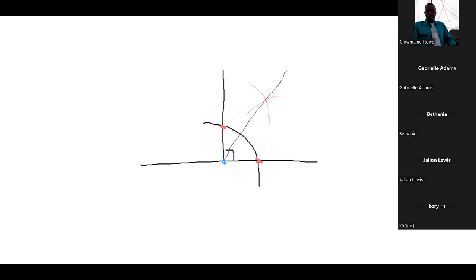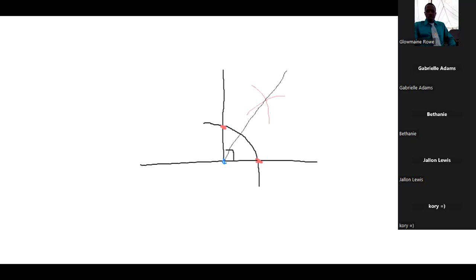So the idea is to be able to look at a diagram of an angle being bisected and tell what angle is being created, just by looking at the construction method.